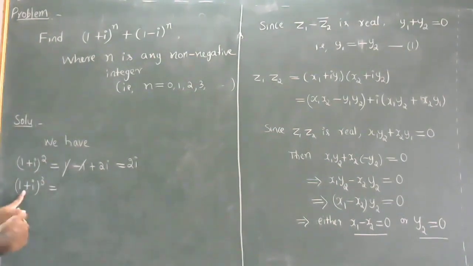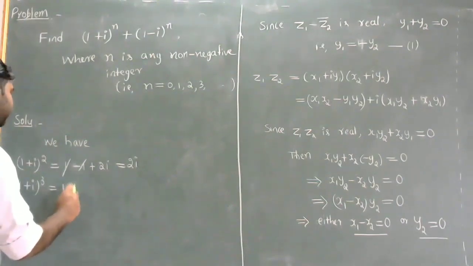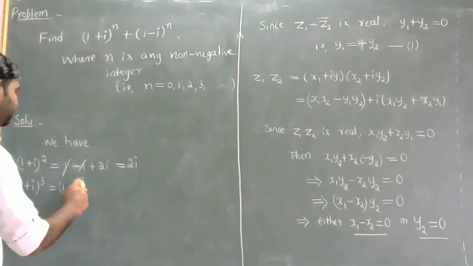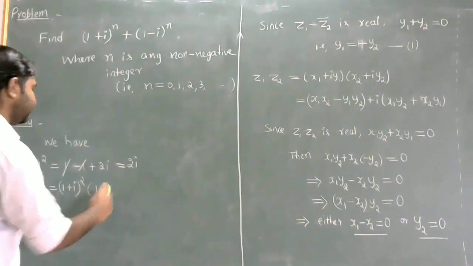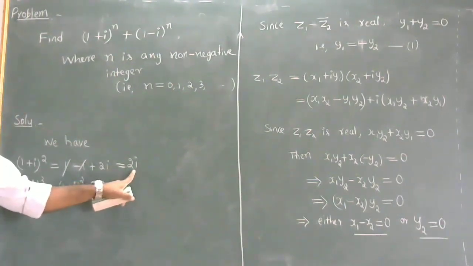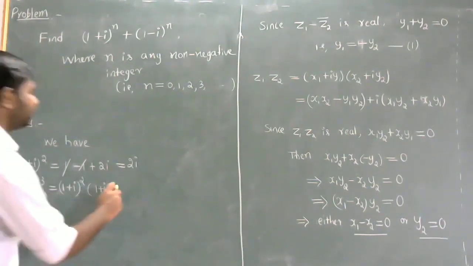Next, (1+i)³. It is (a+b)³, or we can split this as (1+i)² into (1+i). As we have already simplified (1+i)², it will be a bit simpler.